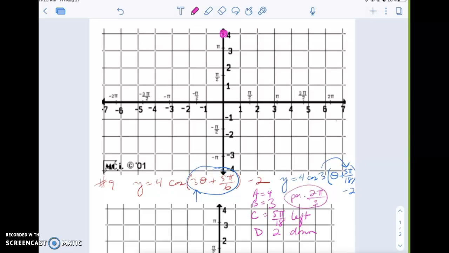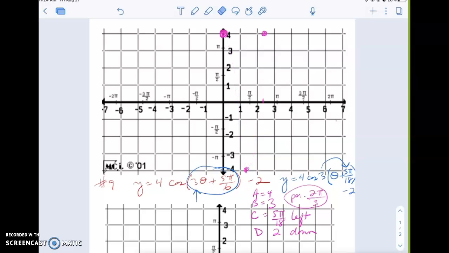So 2 pi over 3 is 120 degrees, 2 pi over 3 of 180. So here's 180, so 120 is going to be right about in here somewhere. So 2 pi over 3 is where it ends. And then halfway between that, which would have been 60 degrees, is where it's at its lowest.